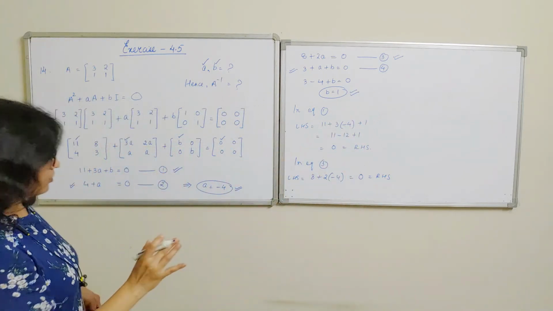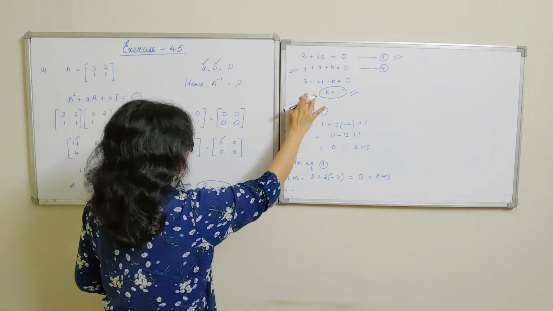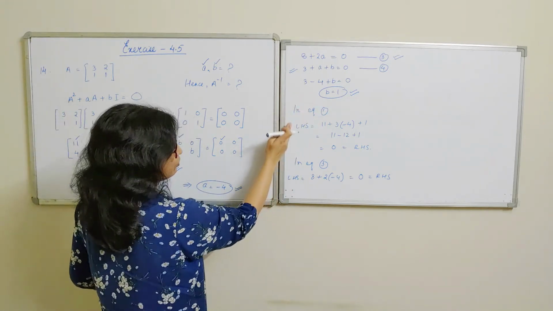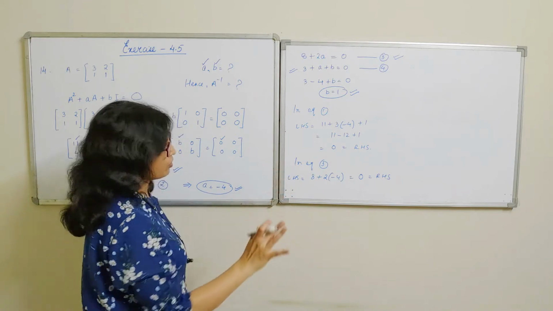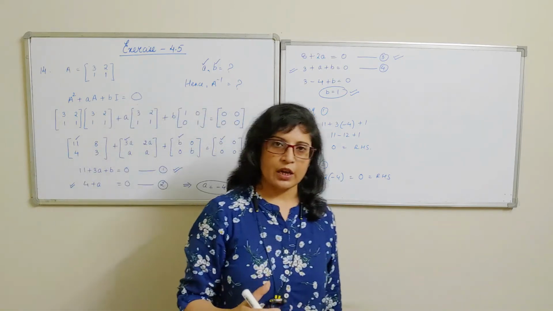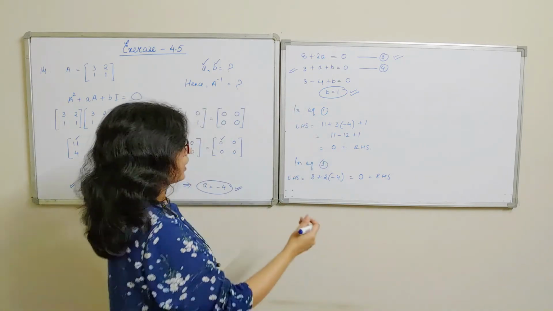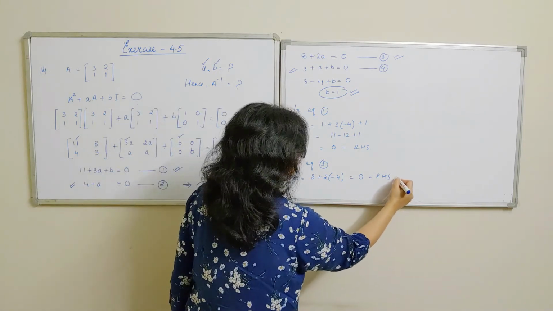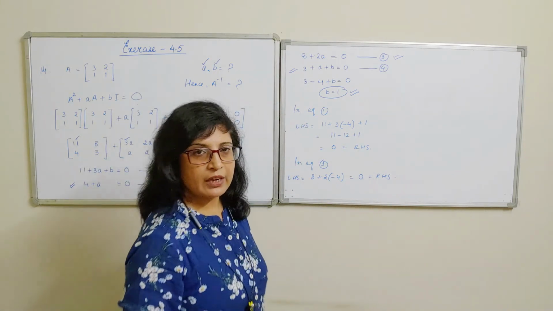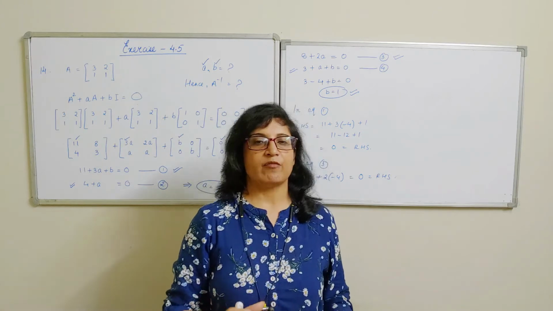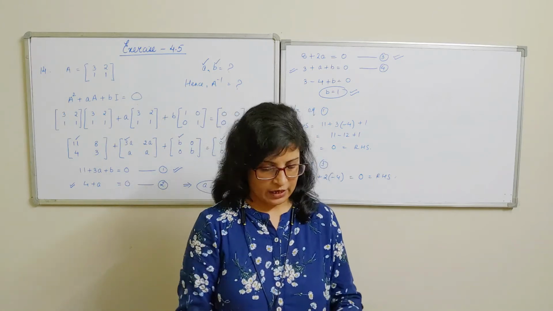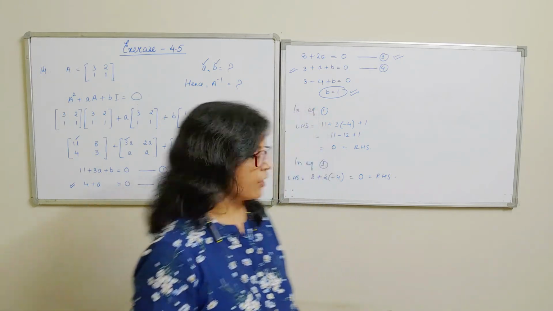Now in such questions, after we have found out values of a and b, we have to substitute the values in the remaining equations to cross check whether the values are correct or not. Suppose it so happens that the last equation is not satisfied, that means values of a and b have been incorrectly found. Alright, that is why we have to always cross check.